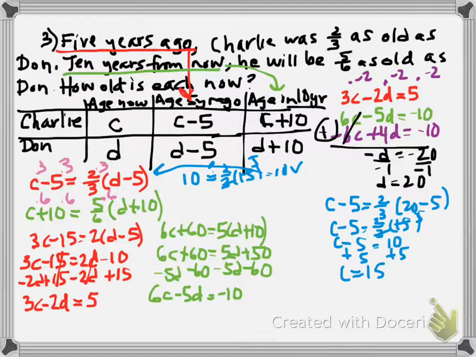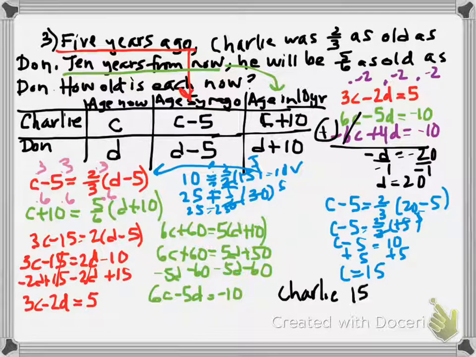In 10 years, Charlie would be 25, and Don would be 30. Is 25 5/6 of 30? And the answer is yes, it is. So my two answers: Charlie is 15 years, and Don is 20 years. And there you go.